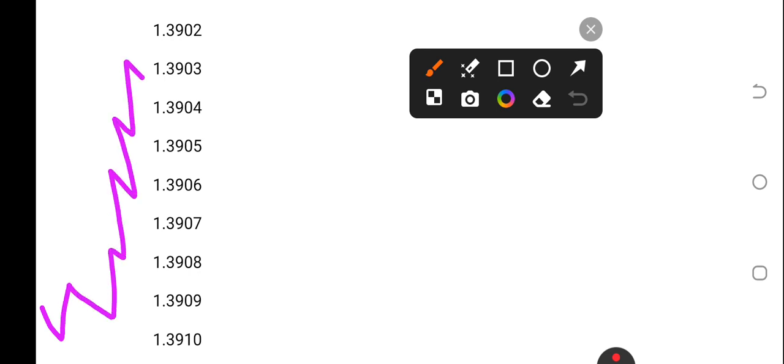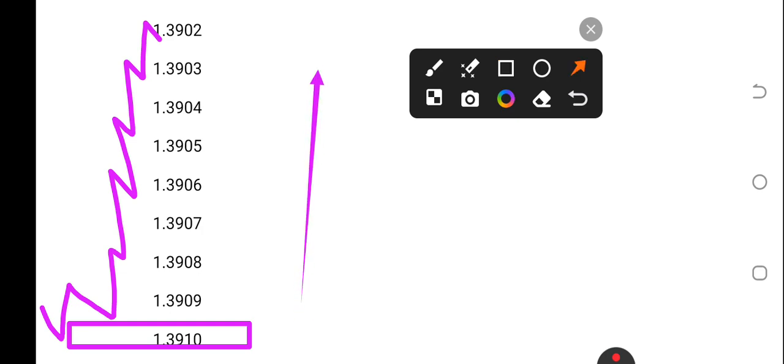So maybe you enter your trade at 1.3910, and then the market moves in your favor, it goes upwards. The person who gave you the signal will tell you to exit your trade at 1.3903.